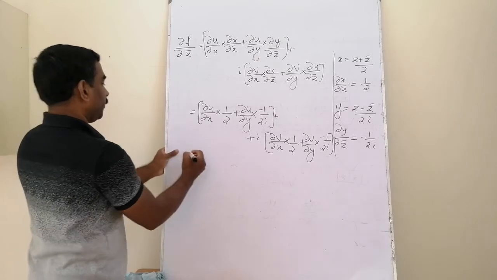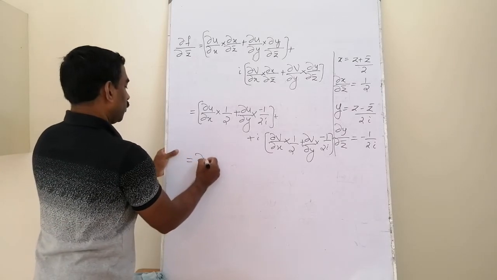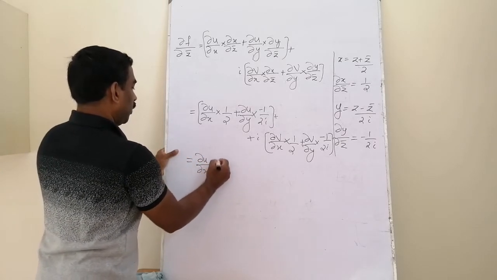Now expanding this bracket, that is equal to dou u by dou x into 1 by 2.